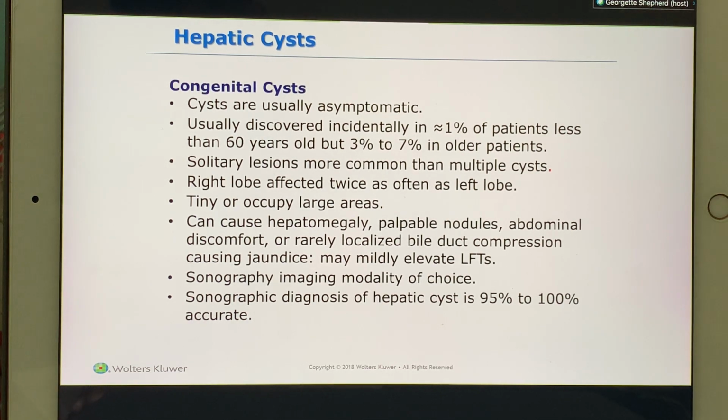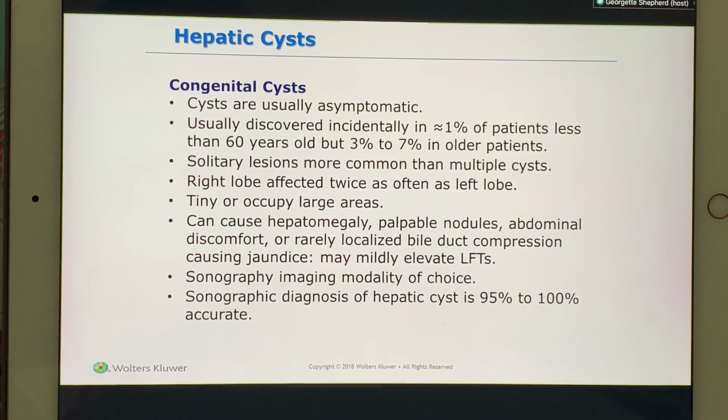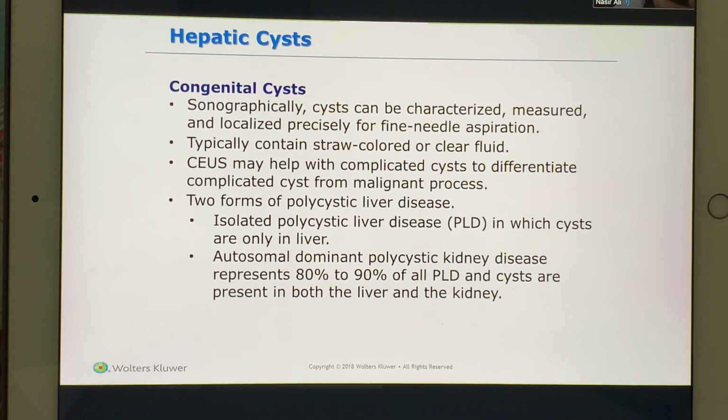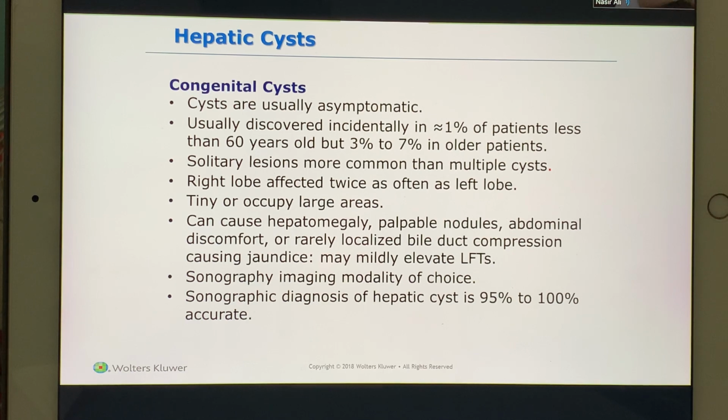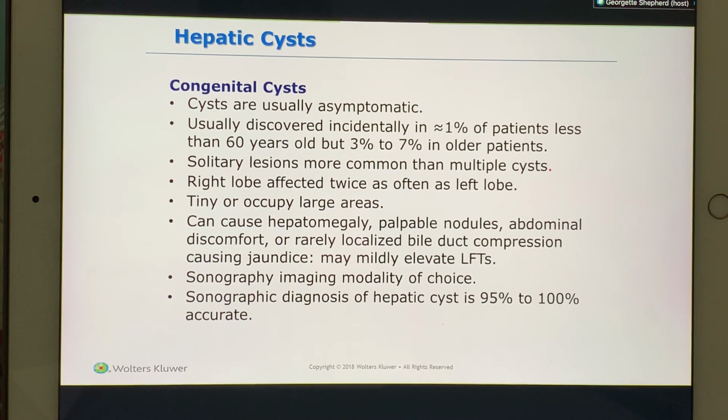The right lobe is affected twice as often as the left lobe, and they can be tiny or can occupy large areas. They can cause hepatomegaly, palpable nodules, abdominal discomfort. They can compress the common bile duct, causing jaundice and mild elevation of LFTs.